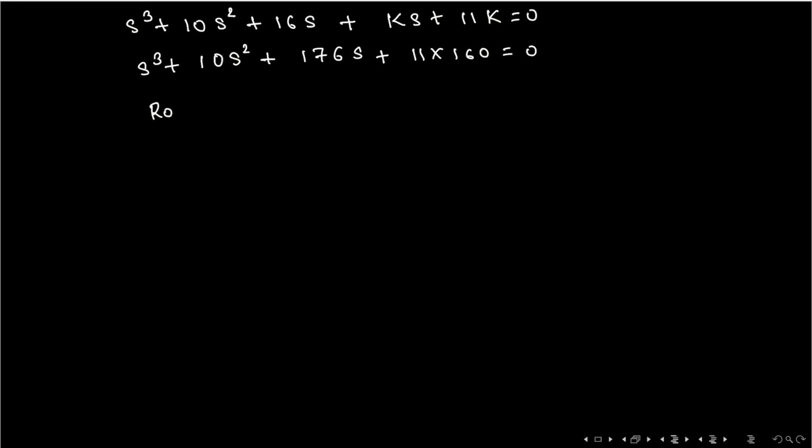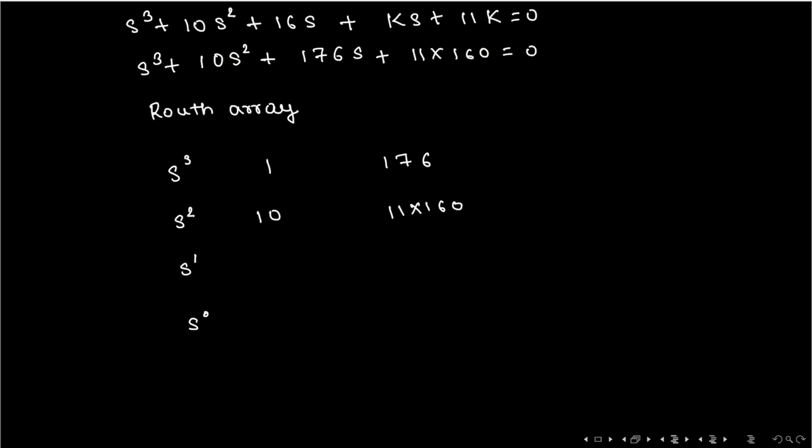The Routh array is given as s cube, s square, s1, s0. For s cube we have 1 and 176. Here we have 10 and 11 into 160.